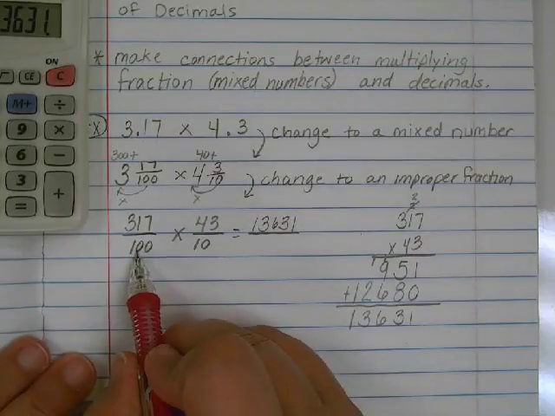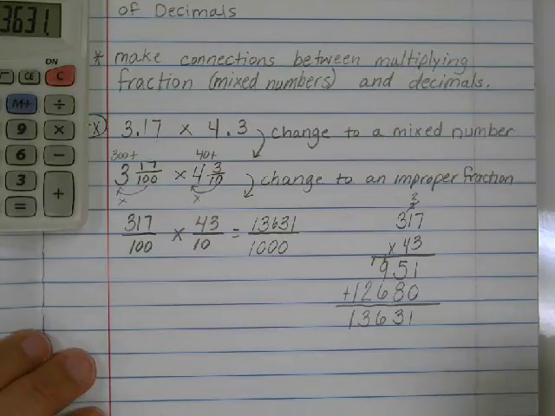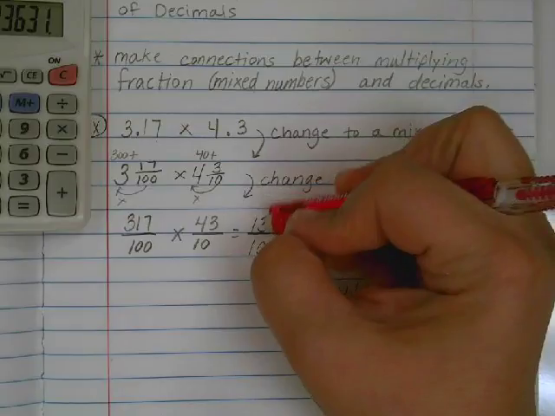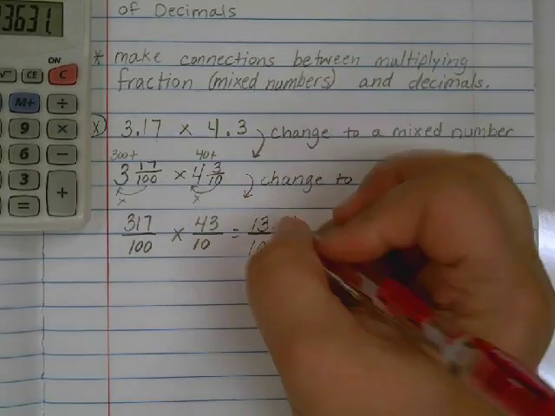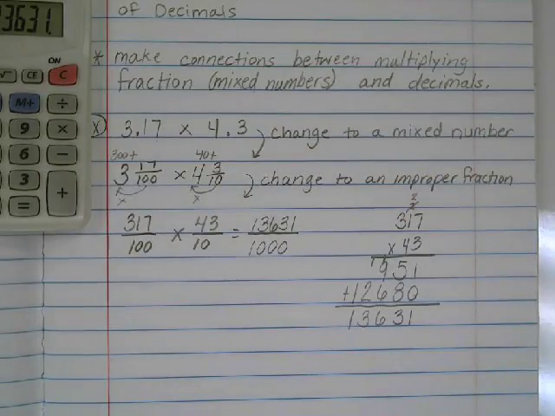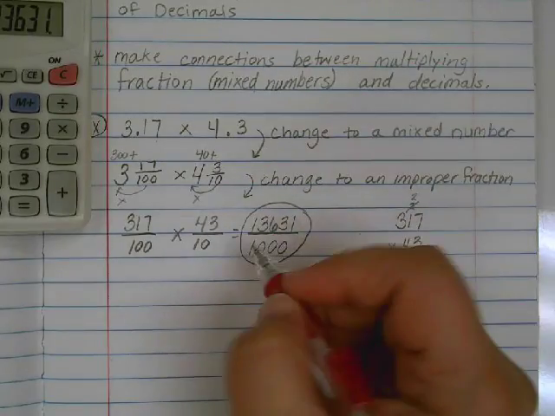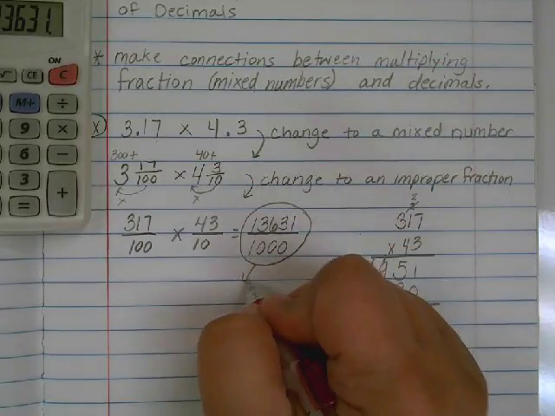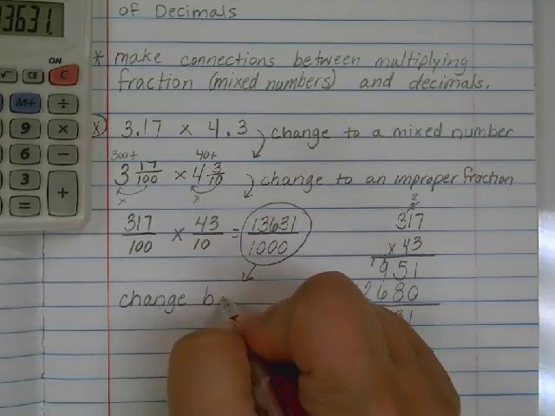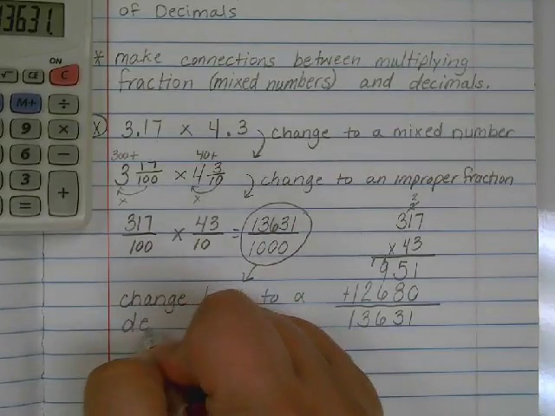Then I'm going to do 100 times 10, which gives me 1,000. So now there are two different ways I can put my decimal in, because now I've got to change this answer back to a decimal.